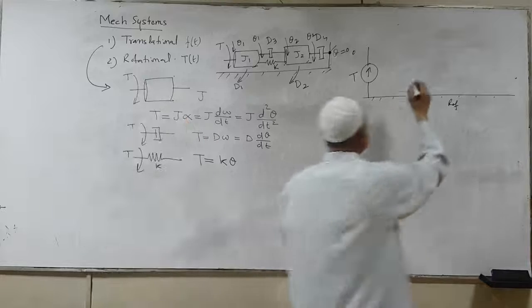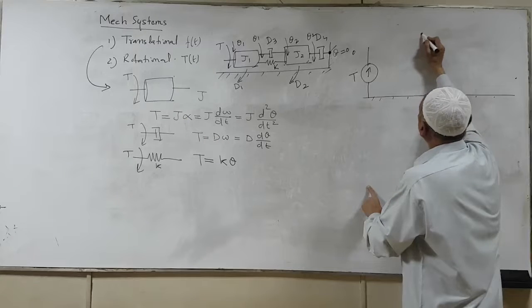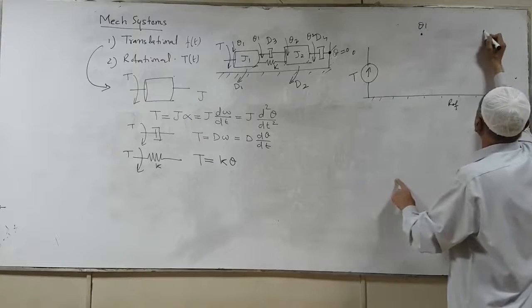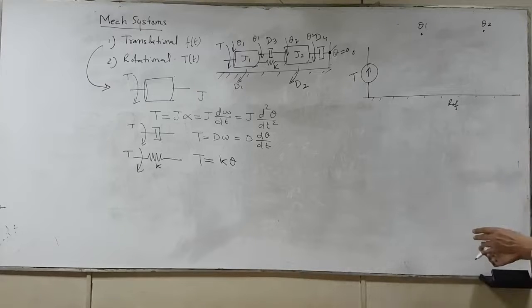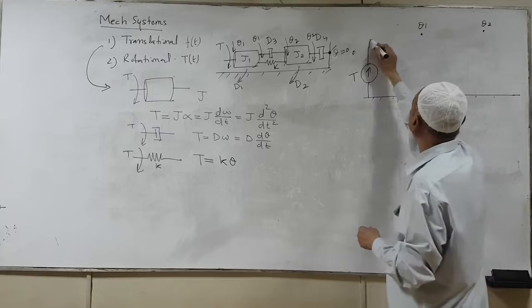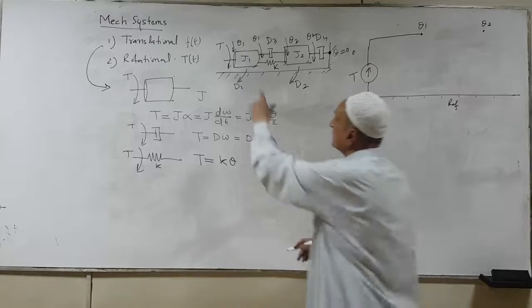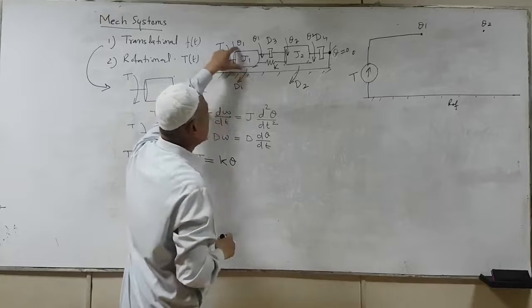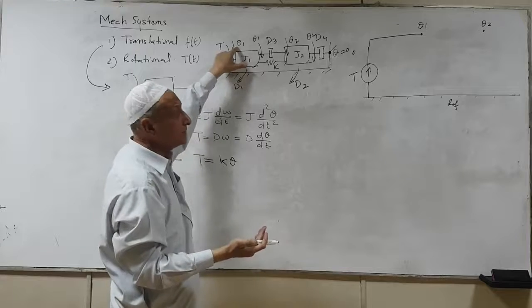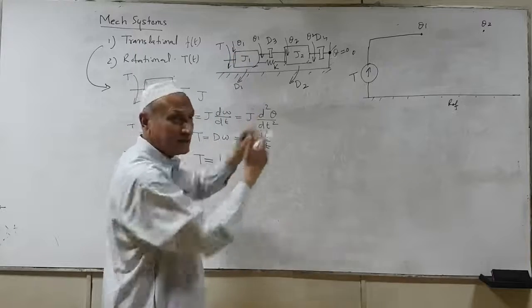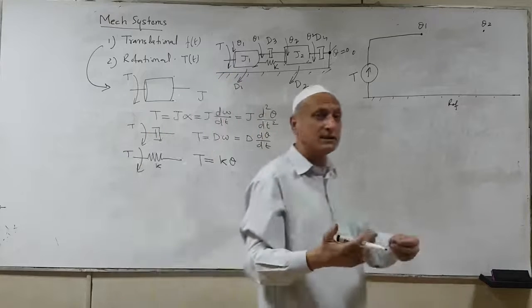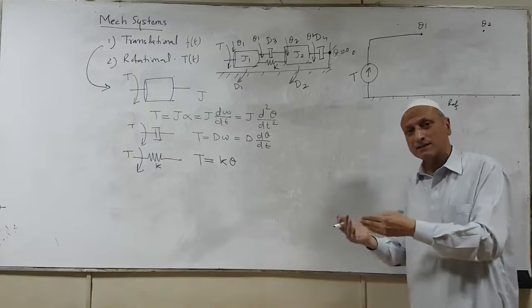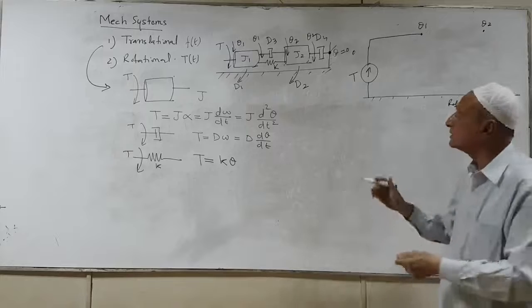And then how many displacements? Theta 1 and then theta 2. These will be acting like mechanical nodes. Torque is acting on J1, which is displacing that to theta 1, so the torque source is connected directly to theta 1. And then we have J1. Just like a mass, the other side of J1 must be connected to the reference.